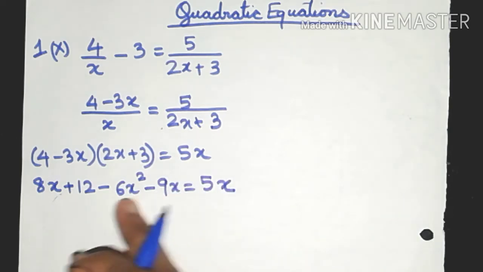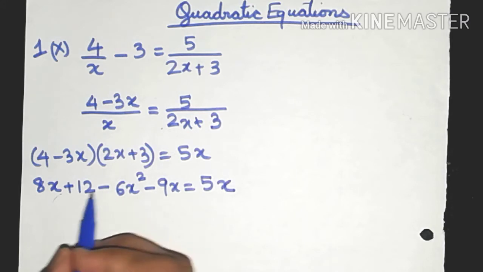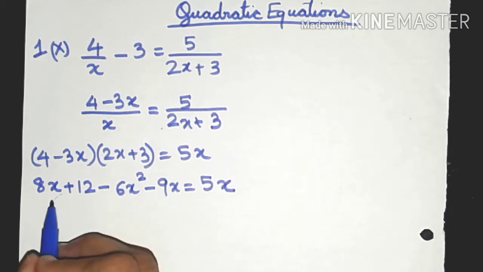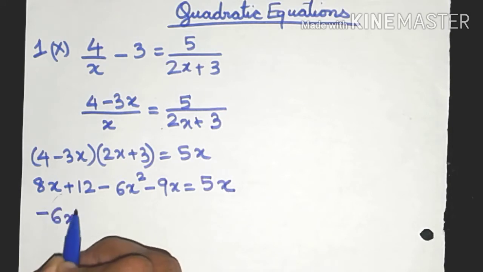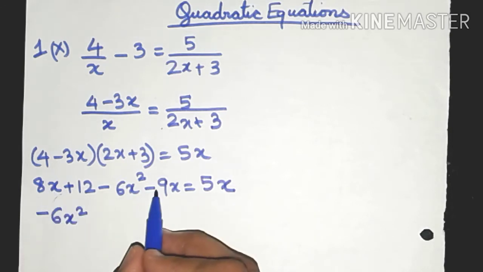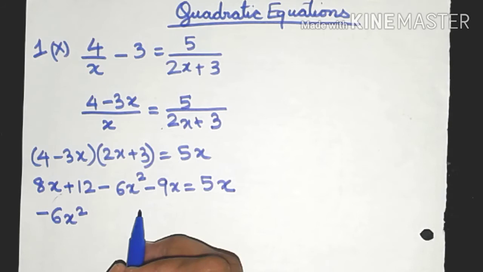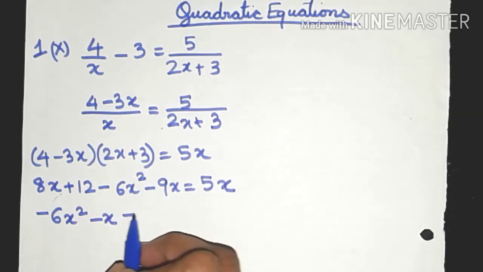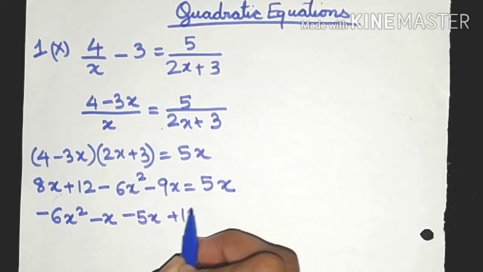So bring all the terms to one side. Is there any x square term? There is no x square term, so we'll keep it as it is. 8x minus 9x is minus x. I'll bring this 5 here, so I'll get minus 5x plus 12.